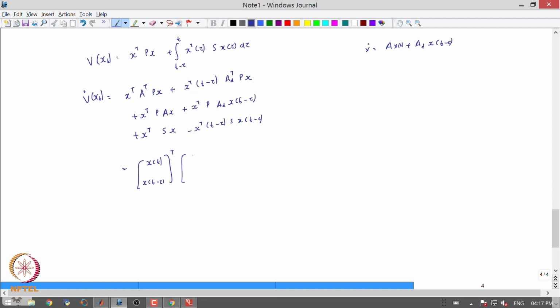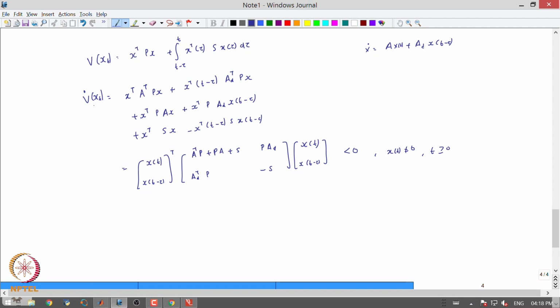What I am left with here is a transpose P plus P a plus S, then P a d, its transpose, and a d transpose P minus S, acting on x of t minus tau, and this should be less than 0, for t greater than or equal to 0.